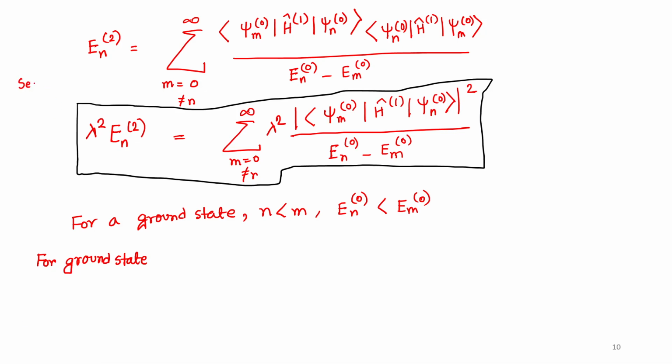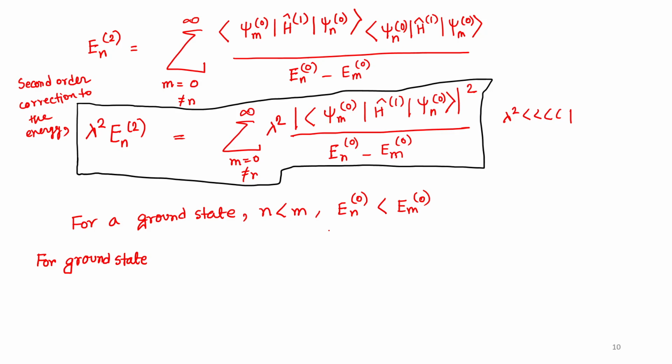This is the second order correction to the energy. And lambda square is obviously less than 1, as lambda is less than 1.